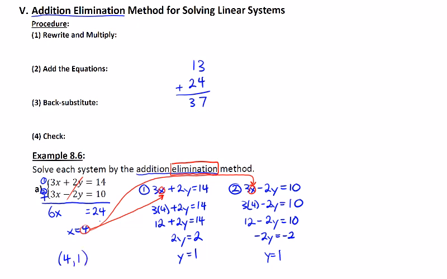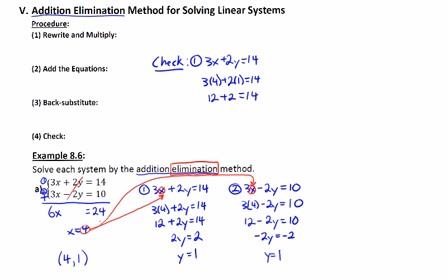And the only way to verify that for sure is to plug this in for the original equations, the entire thing, the x and the y. So let me erase this vertical addition here with integers, and I'll do the check up here in the space that we have. So with equation number 1, 3x plus 2y equals 14, we'll substitute in 4 for the x, substitute in 1 for the y, so that'll be 12 plus 2, which does give me a true statement, 14 equals 14.